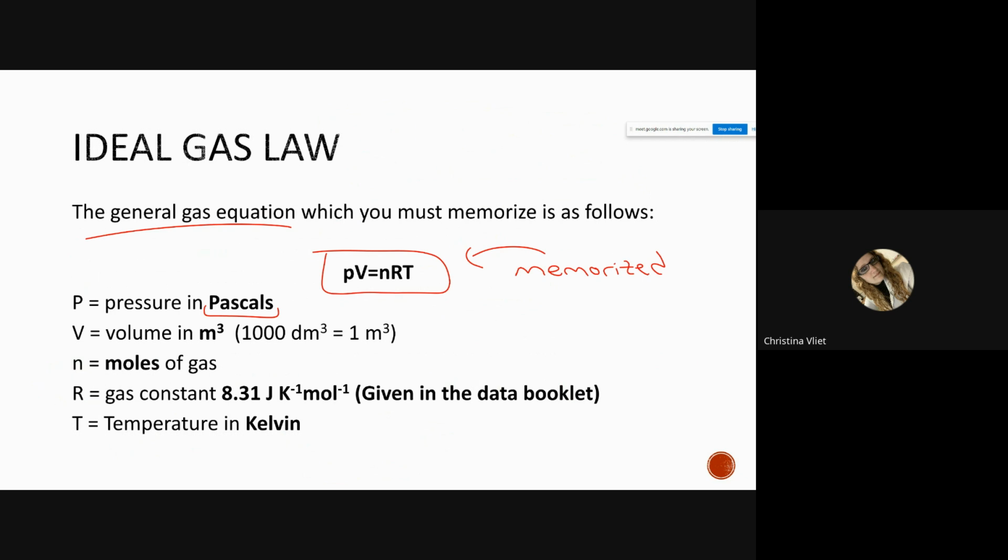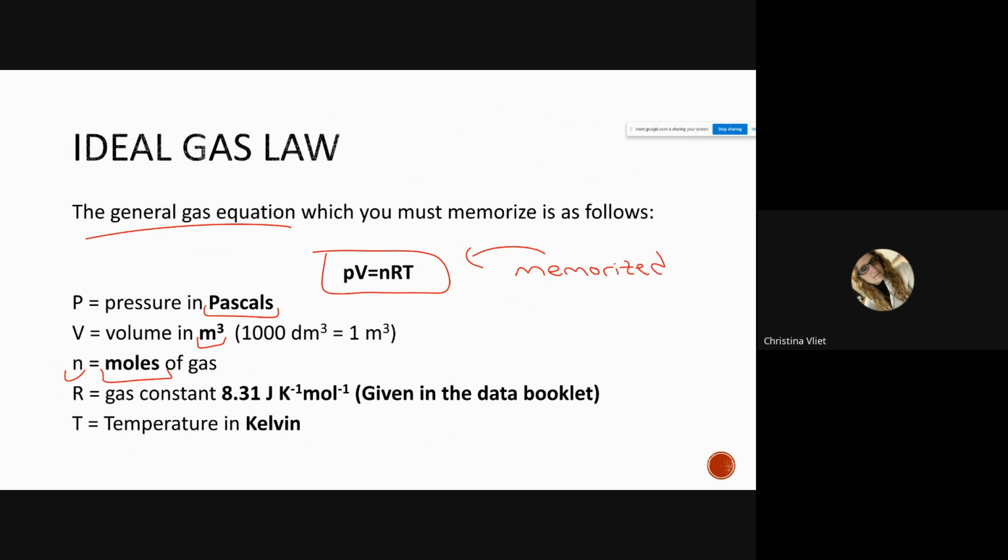Volume must be in meters cubed. So if you've got decimeters cubed or centimeters cubed, you're going to have to change it. Moles is moles. And N stands for moles. We've seen N stand for moles before. So the N in the ideal gas law is moles.